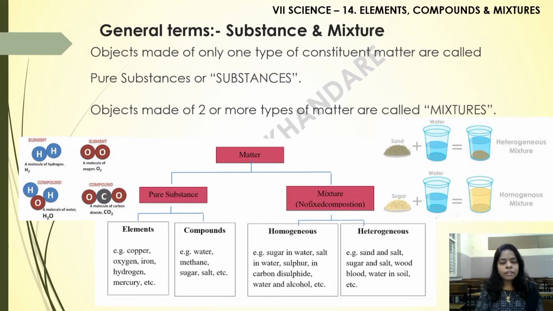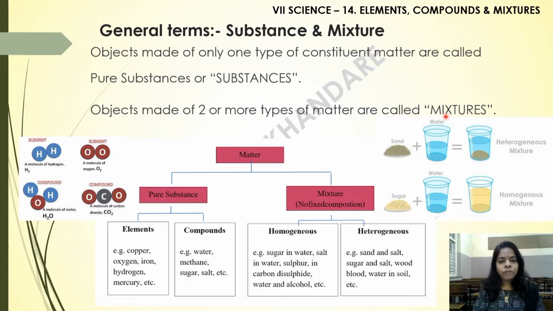Next children, now let's try to understand some general terms. We have something called as substances and mixtures. Now what are substances? Those we see as pure things are called as substances. Now those substances can be in the form of elements also, and they can be in the form of compounds also.